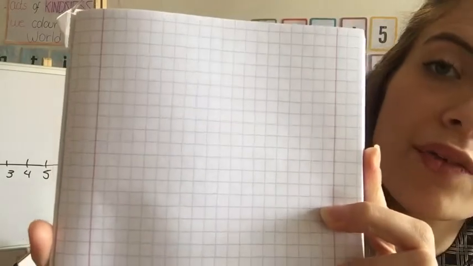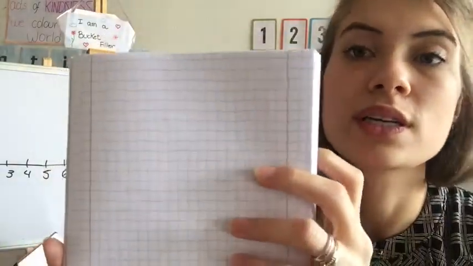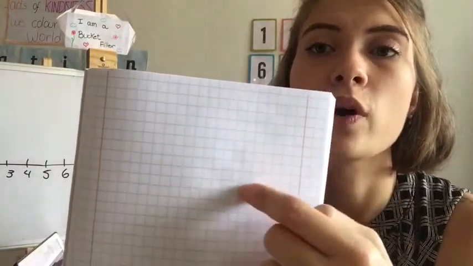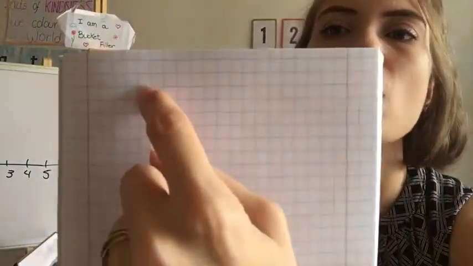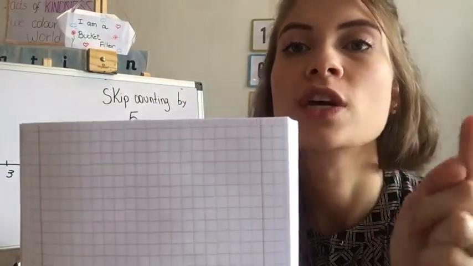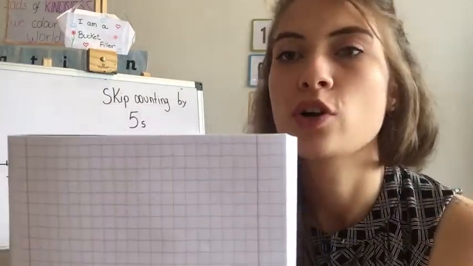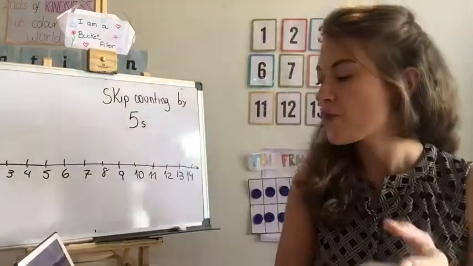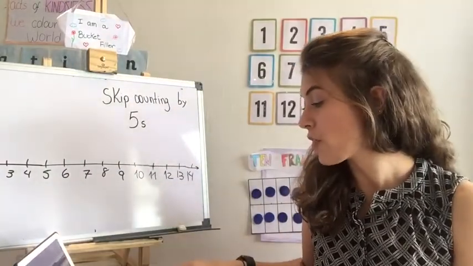Maybe you don't have one like this, maybe yours is like a normal notebook and there's no problem. The squared notebook is just to help you put one number inside each square, but there's no problem if your notebook's not like this. Okay, and then we are going to talk about the number 13.